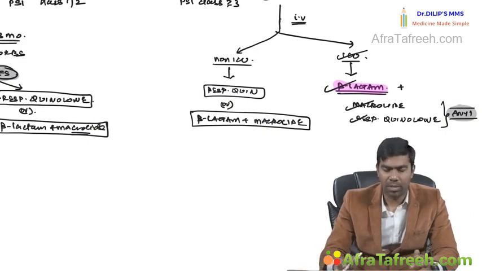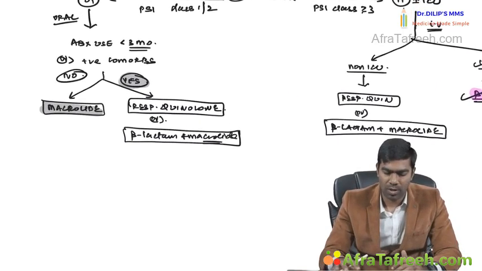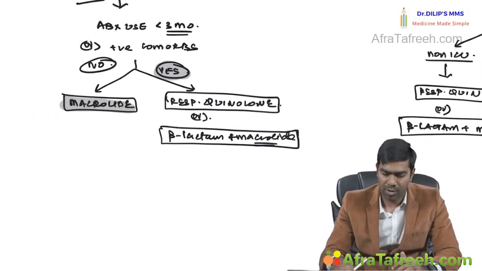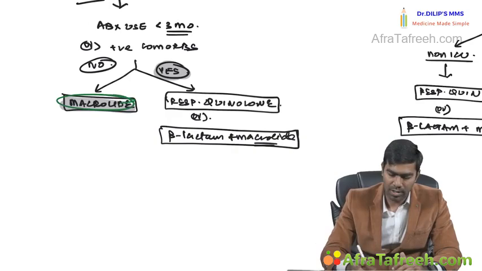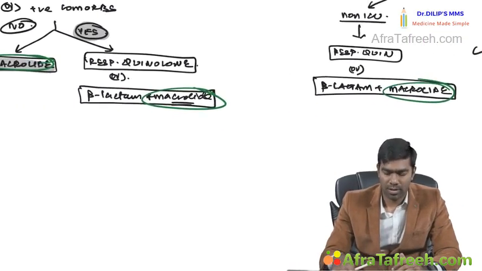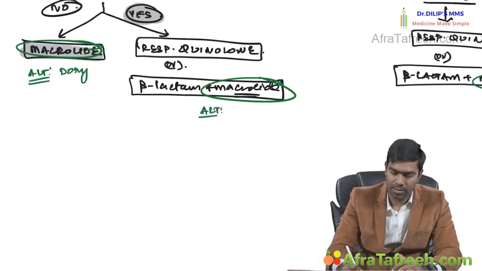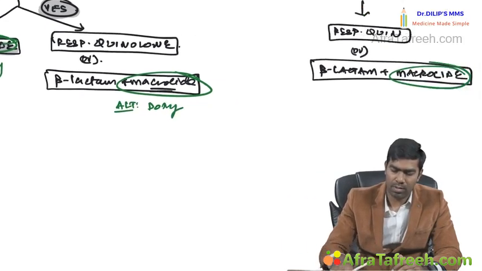Some additional things you have to consider here. For example, I have used macrolide in a lot of areas here. Instead of this macrolide, the alternative I can use is doxycycline. Doxycycline can be used as an alternative instead of a macrolide.